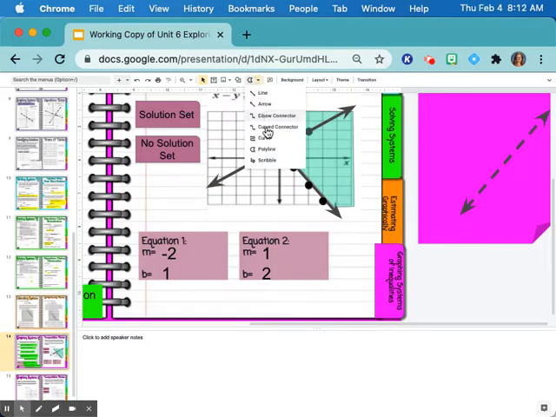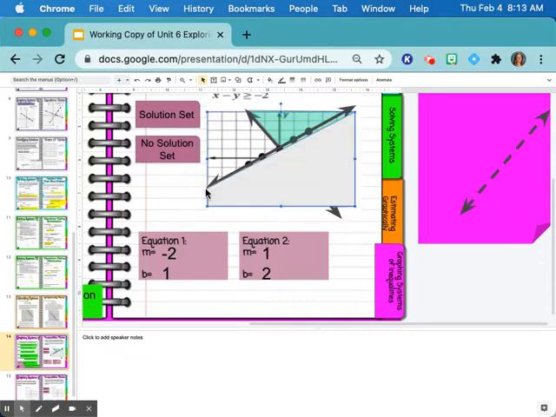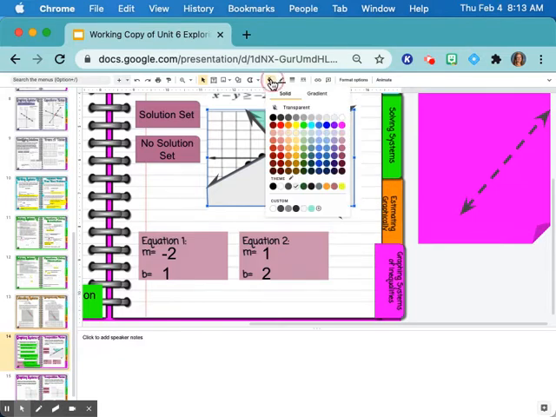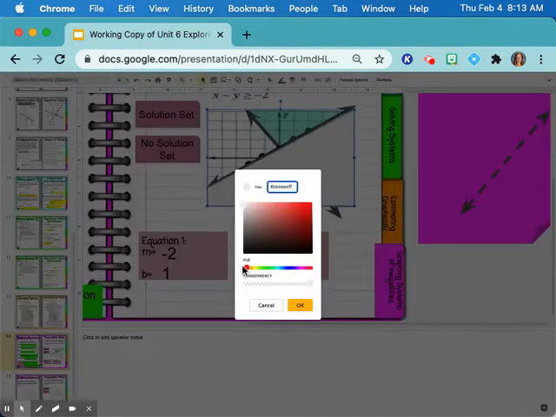Do the polyline. And below would be down here now. I'm going to change my color.